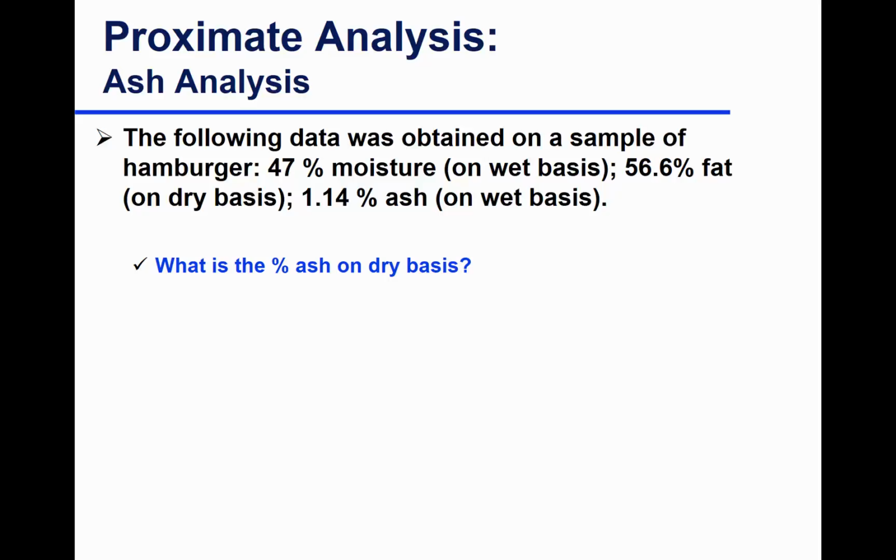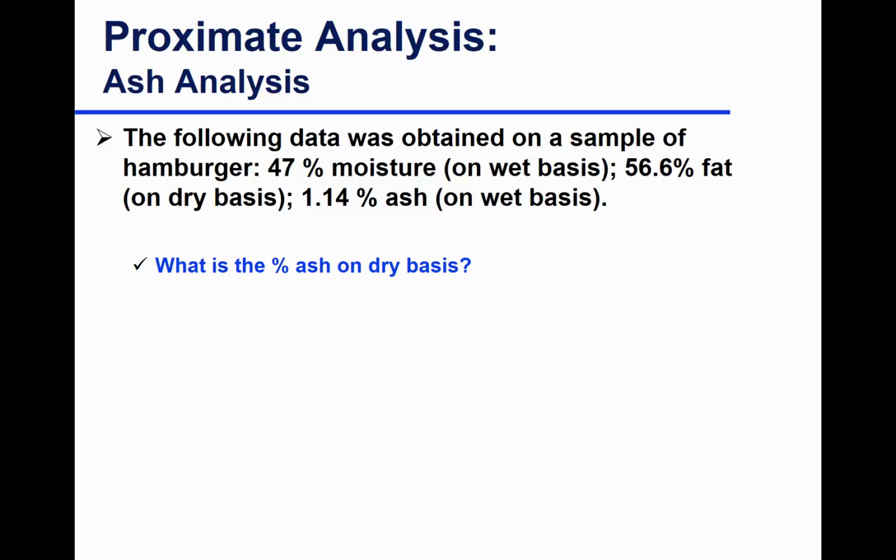So you have ash over dry matter times 100, because you really don't have this value, so you assume a percentage value. This is the total, this is the total minus moisture, which gives you percent dry matter. So percent ash over percent dry matter times 100 gives you percent ash on dry basis. It's the amount of ash relative to the dry matter times 100.